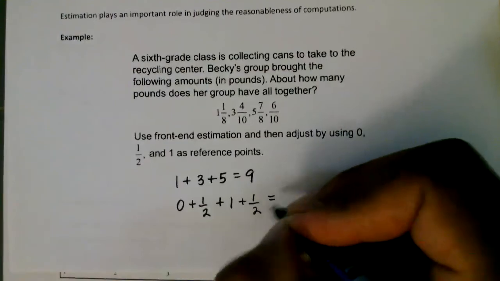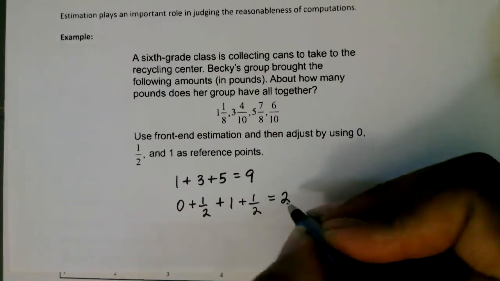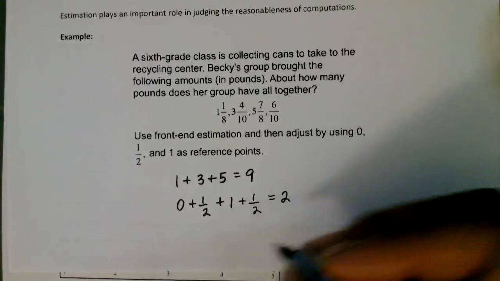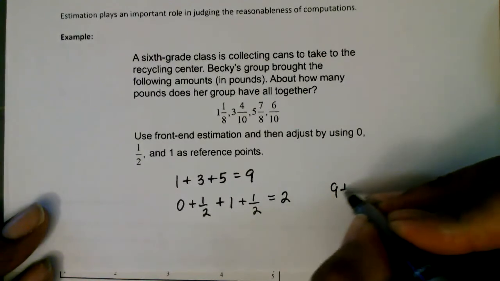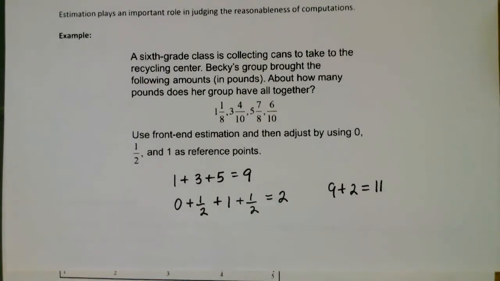So if I add 1/2, 1, and another 1/2, I'll get 2. And then finally, 9 plus 2 equals 11. So the group altogether has approximately 11 pounds.